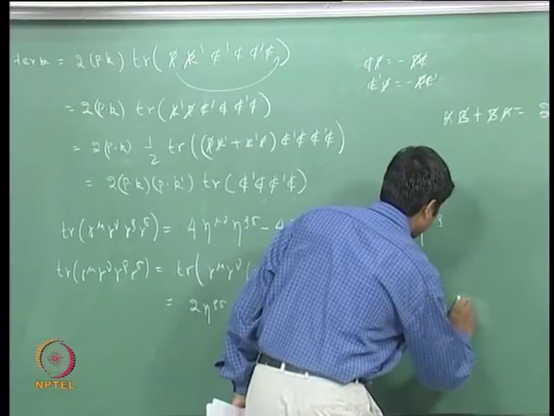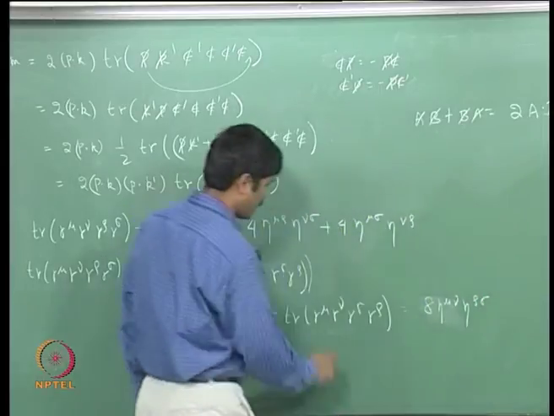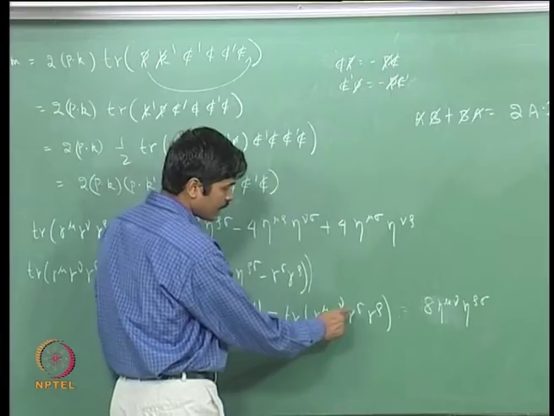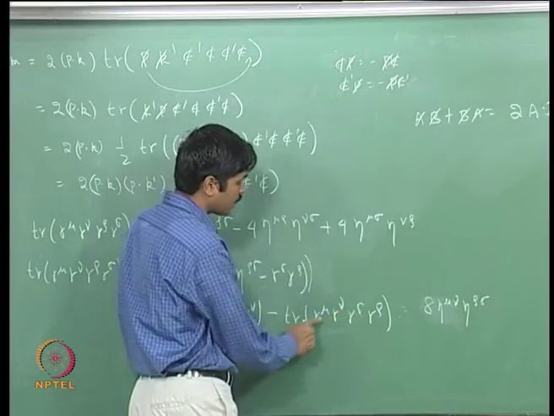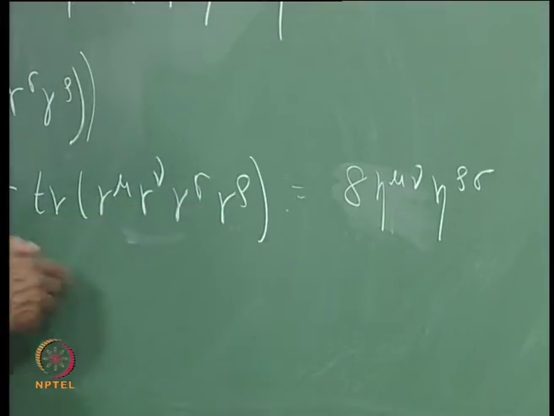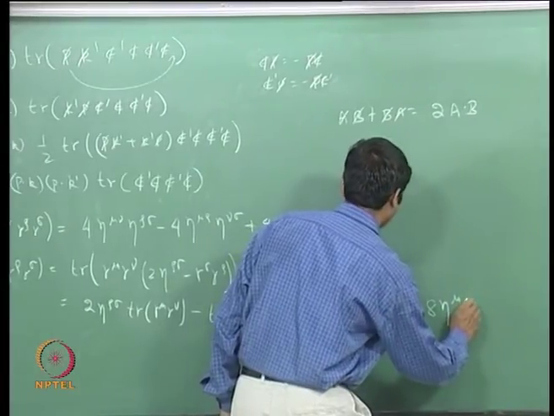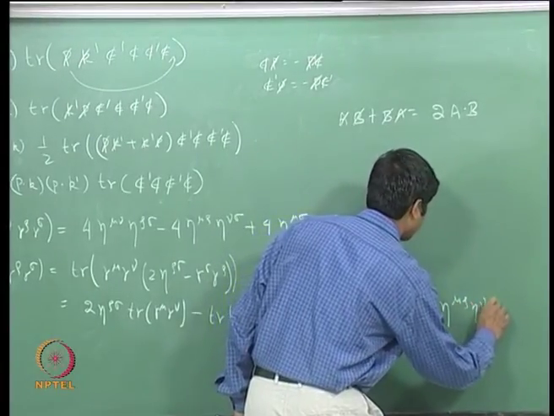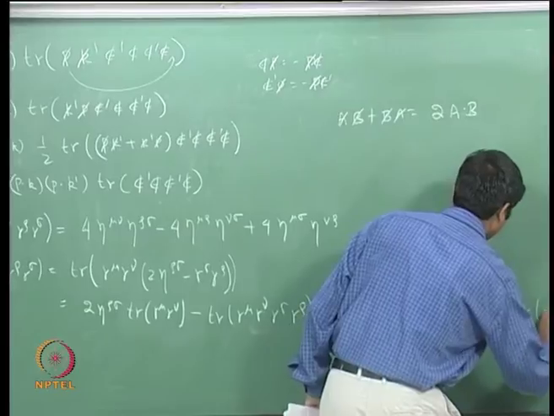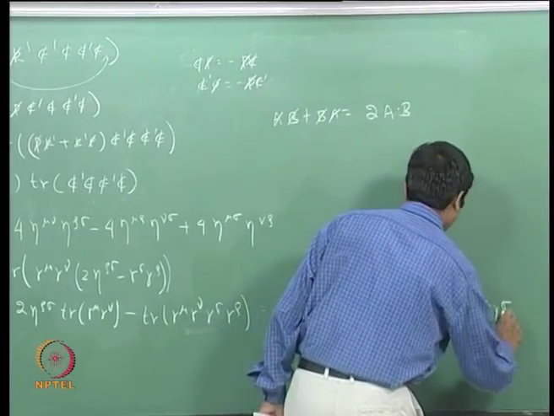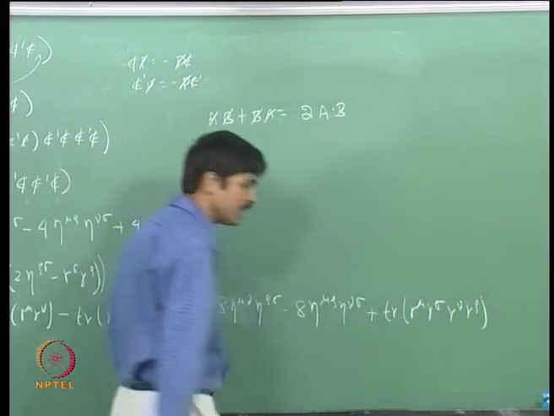So, what I get is 8 eta mu nu eta rho sigma, and when I pull it once, I will get twice eta nu sigma times trace gamma mu gamma rho, which is minus 8 eta mu rho eta nu sigma, and then plus trace of gamma mu gamma sigma gamma nu gamma rho. All right.